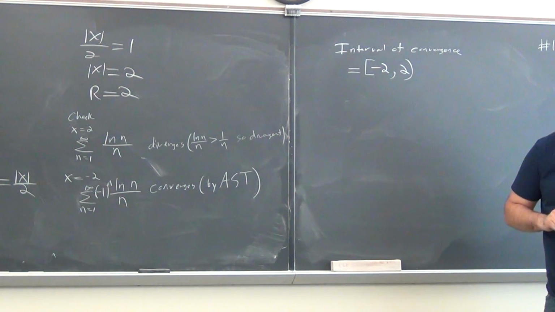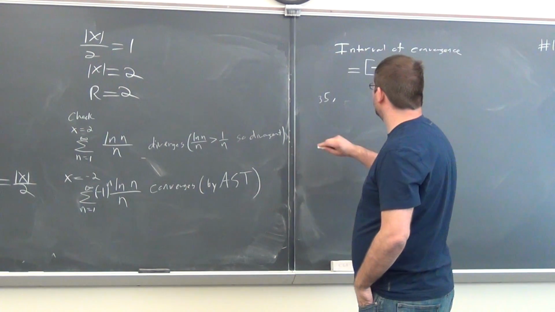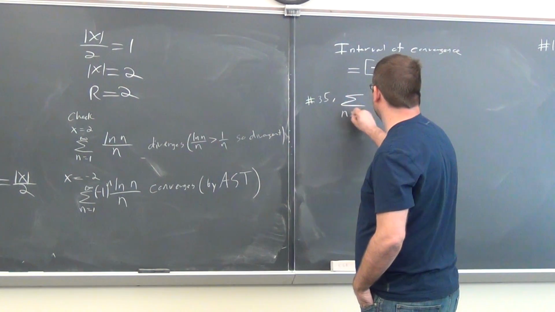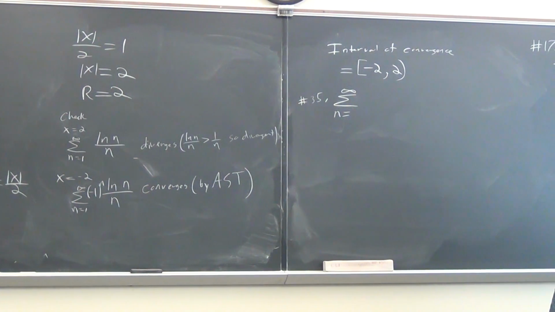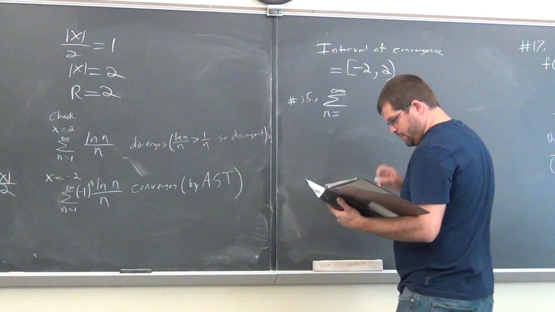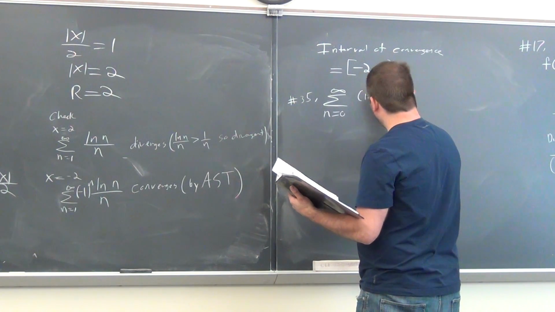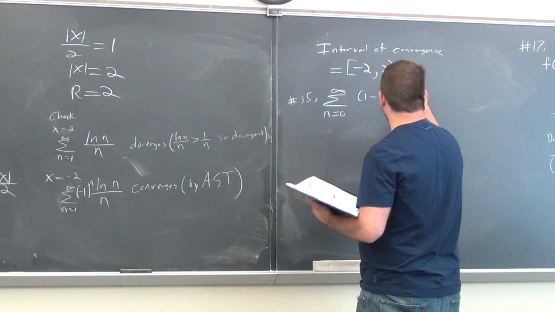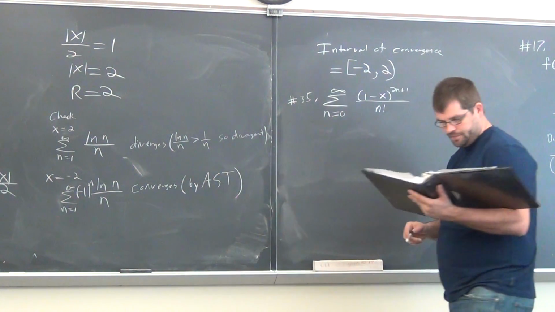All right, and then the other one was, what, 35? Start this one below there. Okay. So 35, we have the sum from 0 to infinity of (1 minus x) to the 2n plus 1 over n factorial.